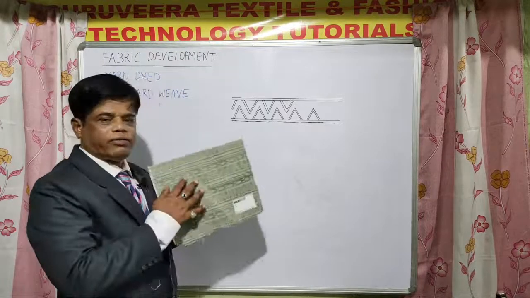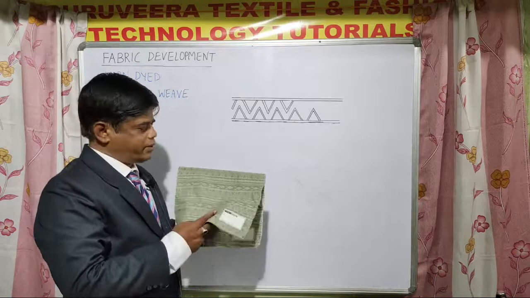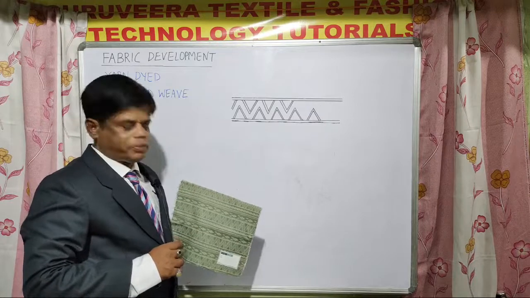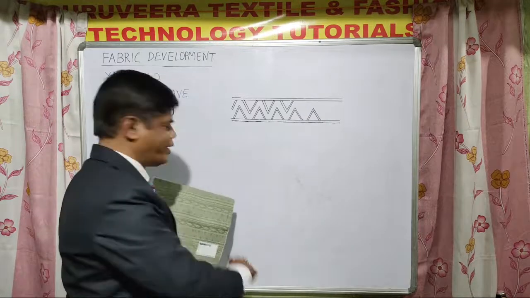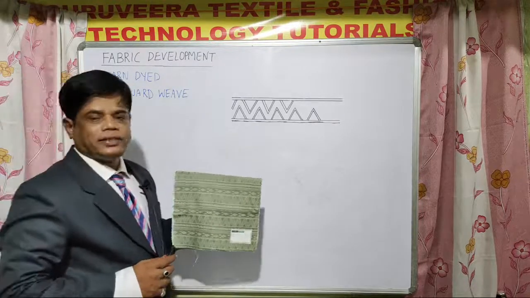But this kind of fabric seems like bedsheet varieties, but it's not bedsheet varieties. This is used for ladies' tops, women's tops, women's wear, kids wear. Basically, they are used for fancy wear.